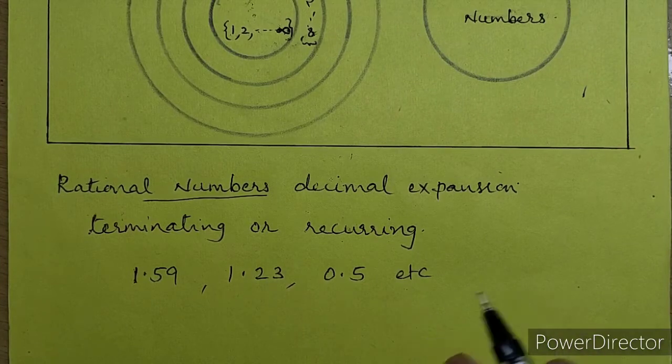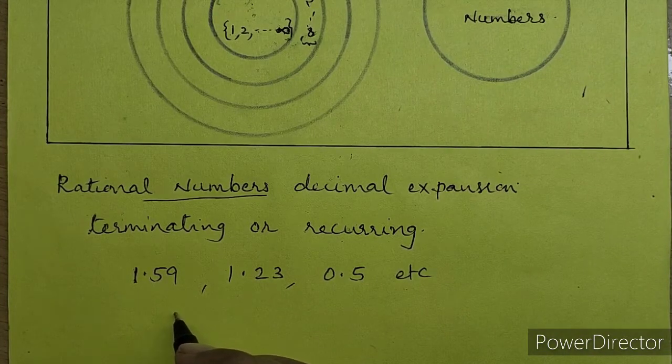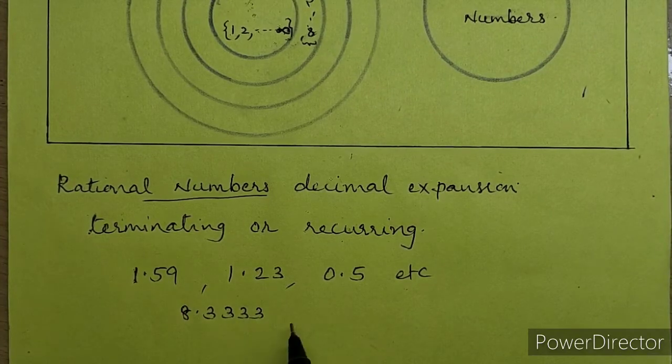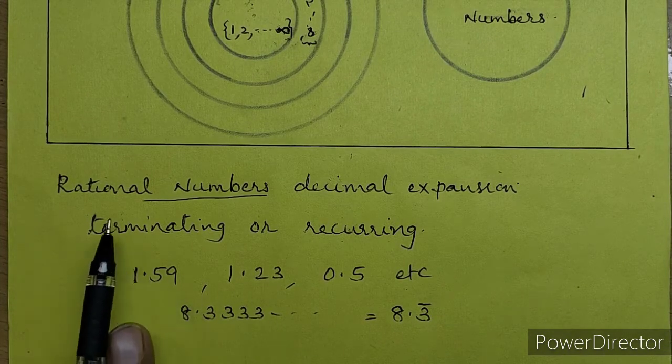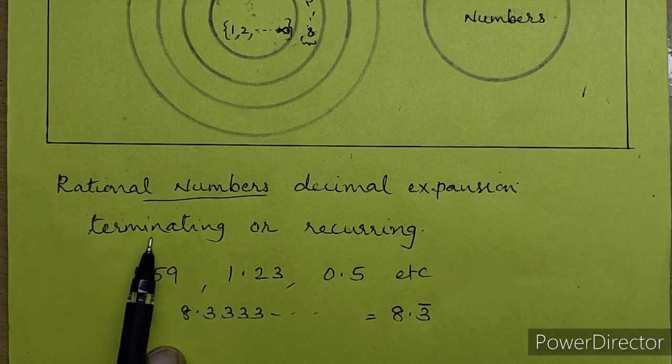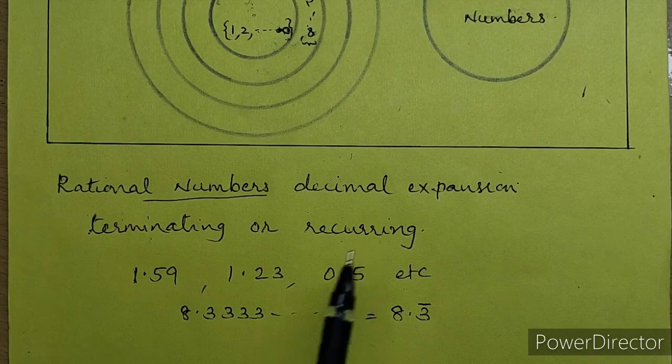Recurring means it is repeating, the numbers are repeating, for example 8.3333, etc. Here 3 is repeating. In short form you can write it as 8.3 bar. This bar represents that the number is repeating. So the decimal expansion of rational numbers will be either terminating or recurring.